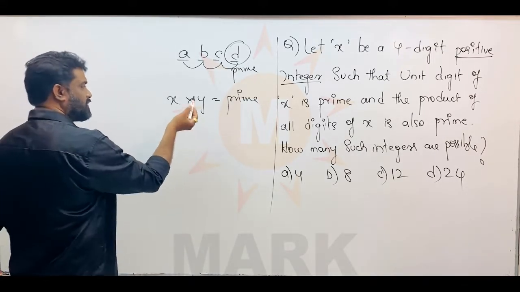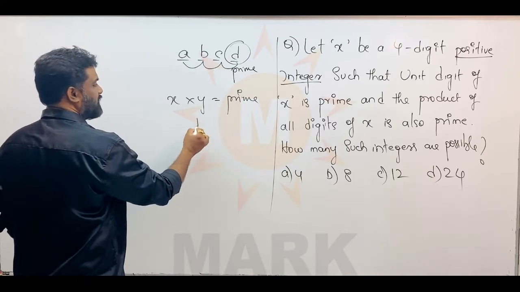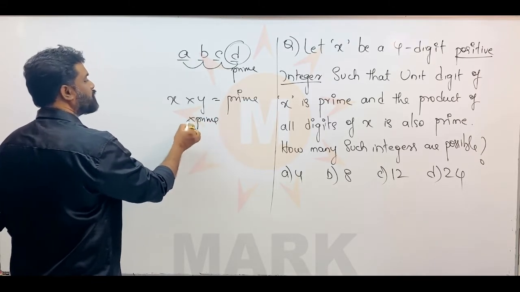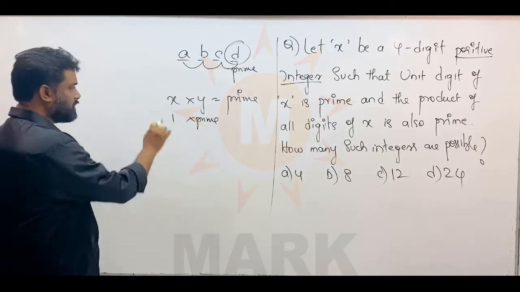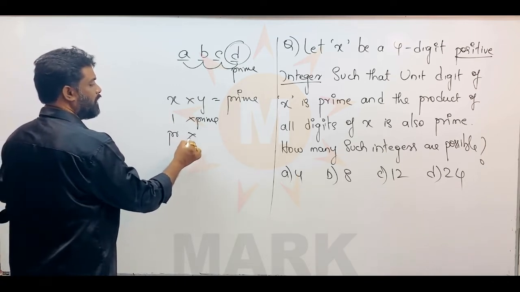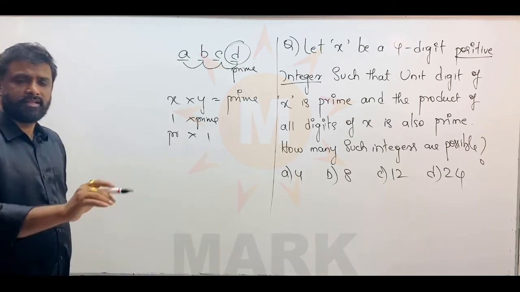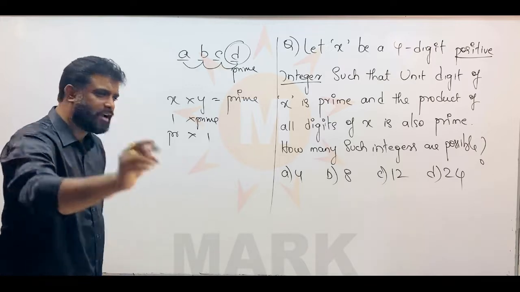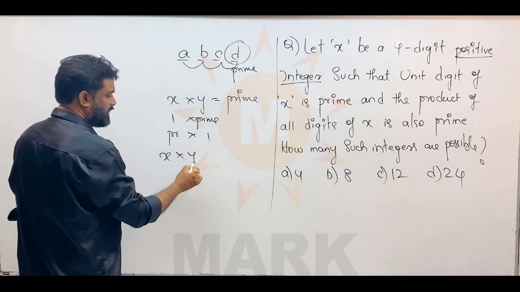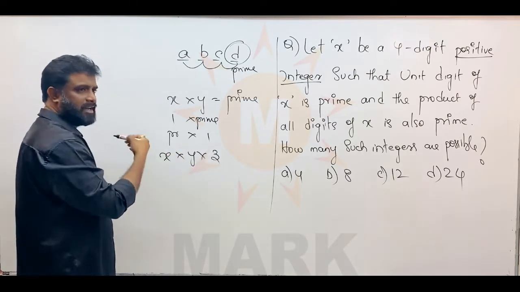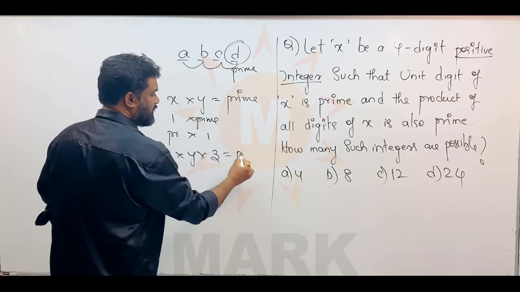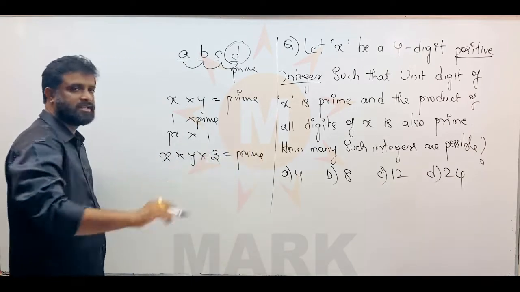So one of these numbers should be prime, and the other number should be 1. This is not only valid for two numbers, but for any number of numbers. So x into y into z, three numbers, whatever it is, if the result is a prime number, the product is a prime number.